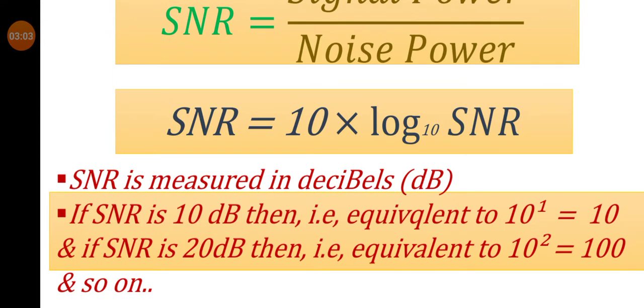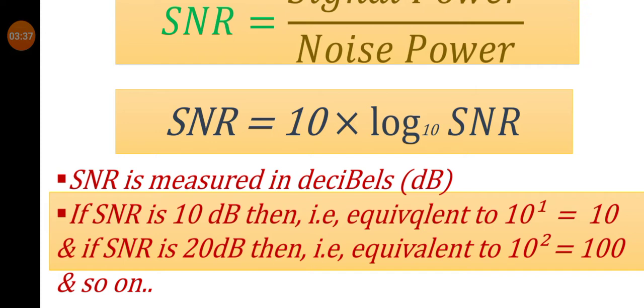Concentrate on this next point, it is very important for solving the problems that we are going to study next. If SNR is 10 dB, then that is equivalent to 10 raised to 1, which is 10. If SNR is 20 dB, then it is equivalent to 10 raised to 2, that is 100, and so on.